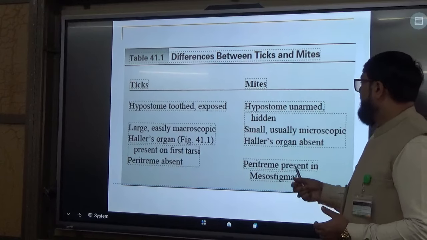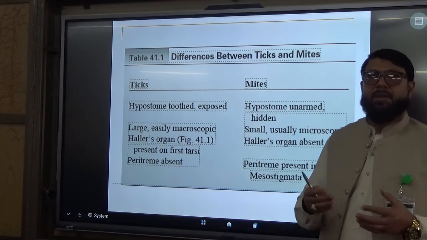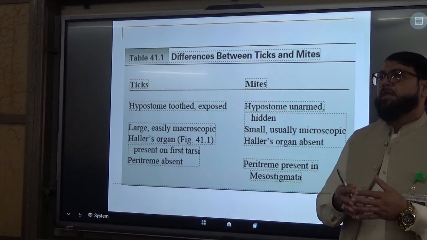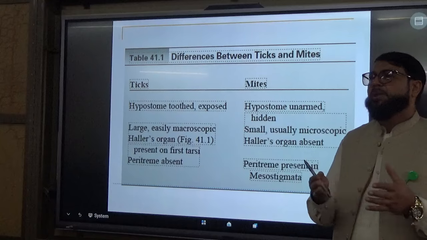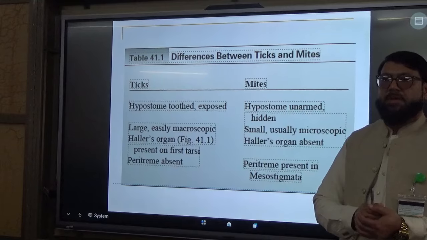You scratch until blood is oozing out, and that is when you presume you have reached the level where the mites can be examined and pulled out.